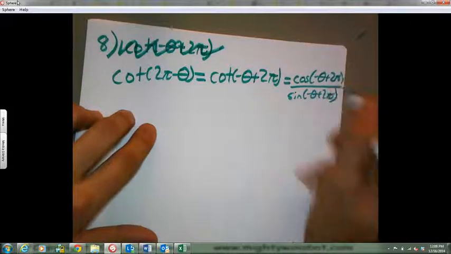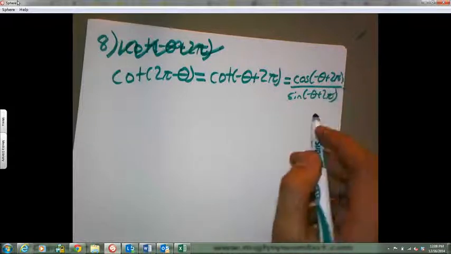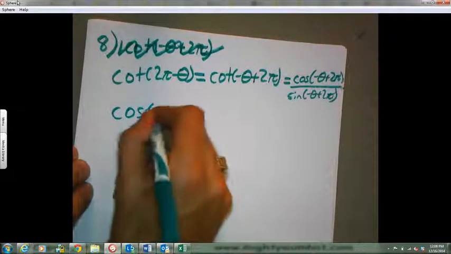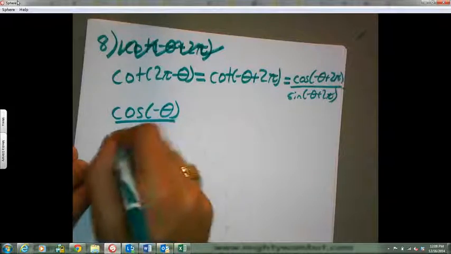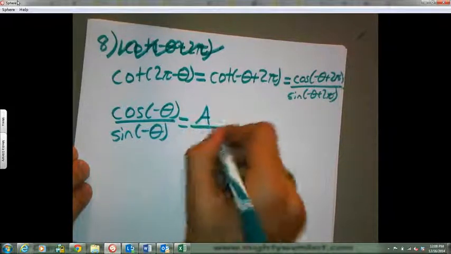Remember what happens when you add or subtract 2 pi? And then remember how you find sine and cosine of the negative thetas.